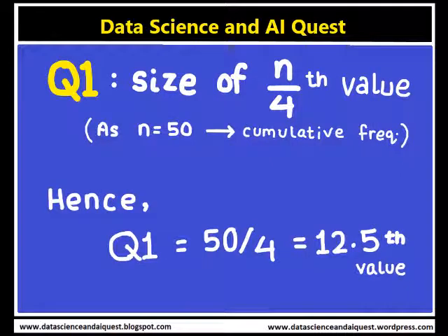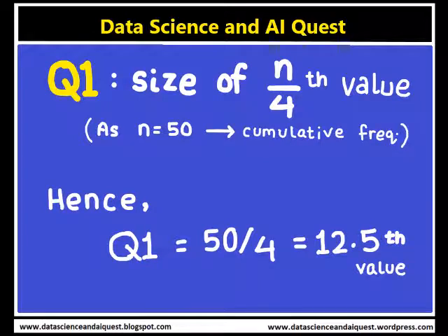Next we find the first quartile, Q1, and it can be computed as the size of the n by 4th element of the entire distribution. Here n is 50, that is the cumulative frequency, the number of students in this class.